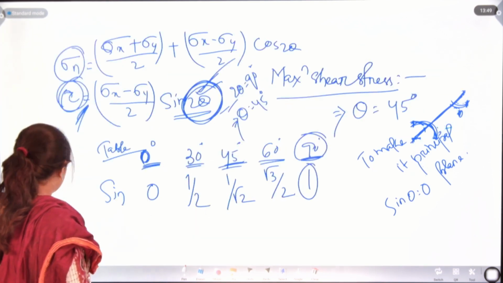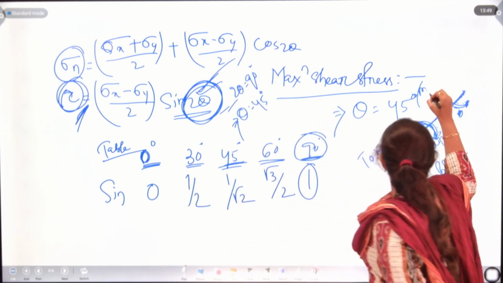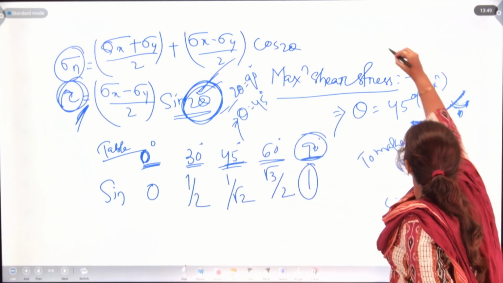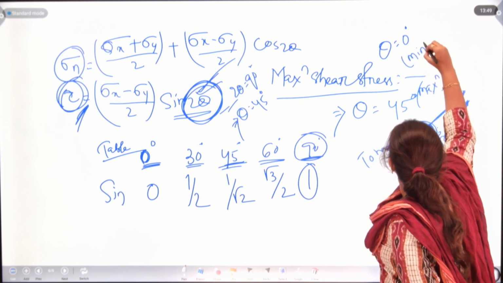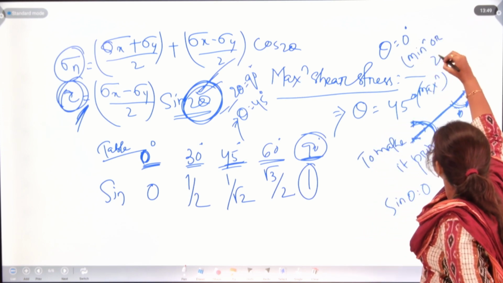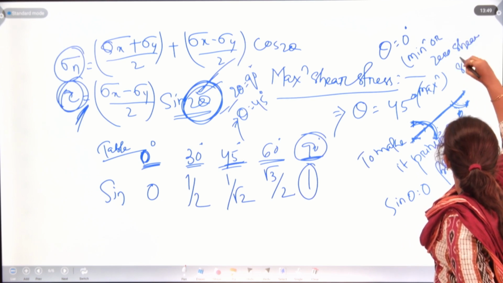So here we can write that this is our maximum, and when theta equals 0, we get minimum or 0 shear stress.